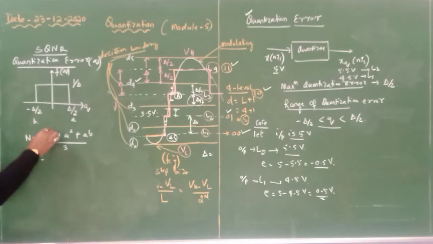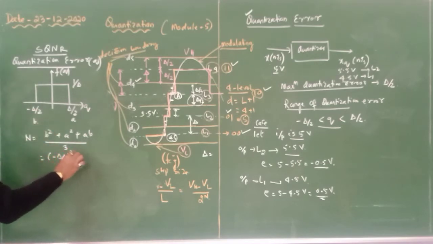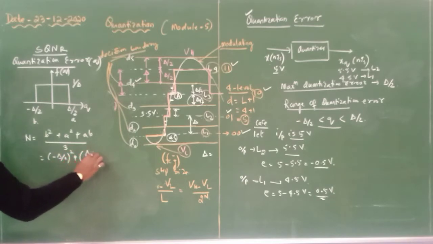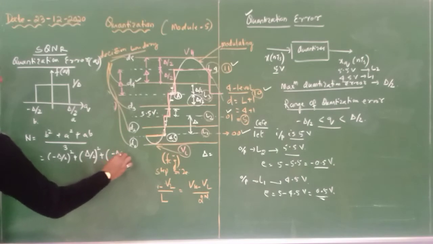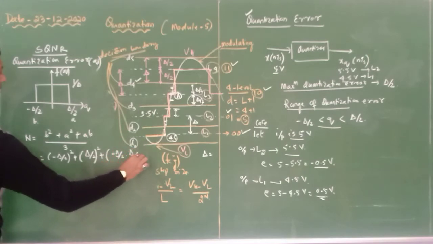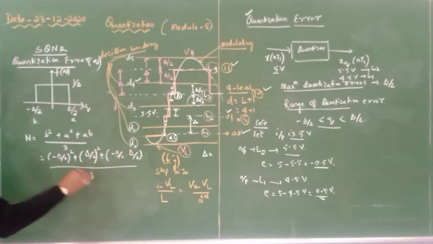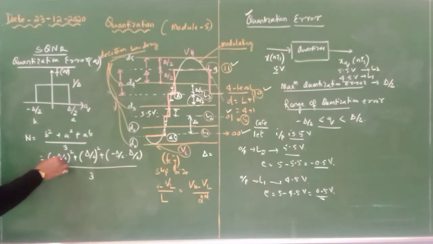B square means minus del by 2 whole square, A square means del by 2 whole square, and AB means minus del by 2 times del by 2, divided by 3.